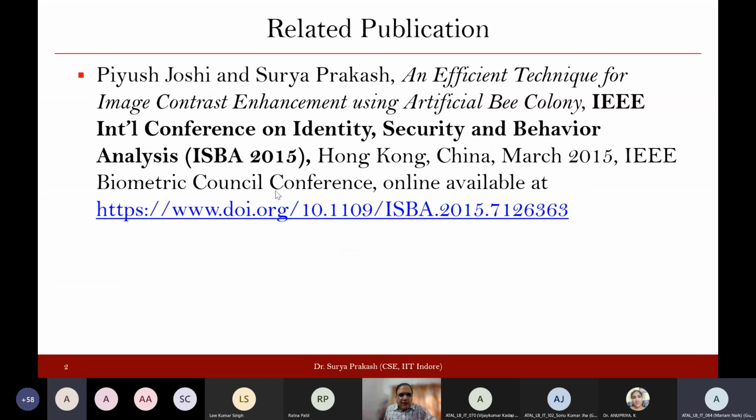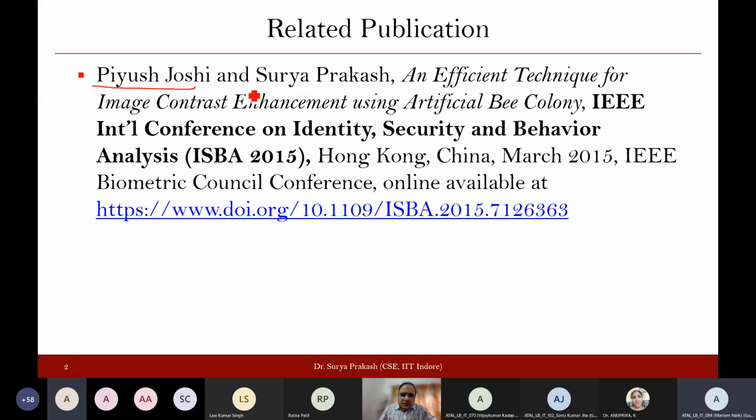That is what we are going to discuss in detail in this presentation. This presentation is based on a paper published in 2015, where we proposed an algorithm based on ABC to enhance the contrast of an image. This work was mainly done by one of my students, Piyush.